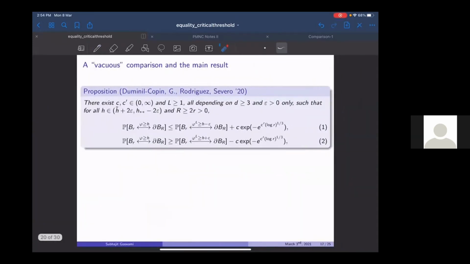So let me try to present this result, which is the main core proposition for this part. Again, let me help you parse it.